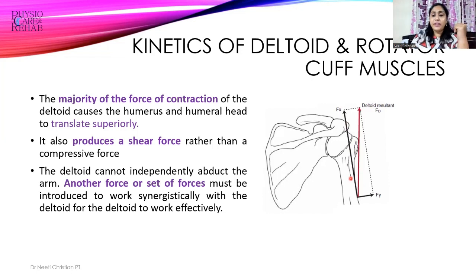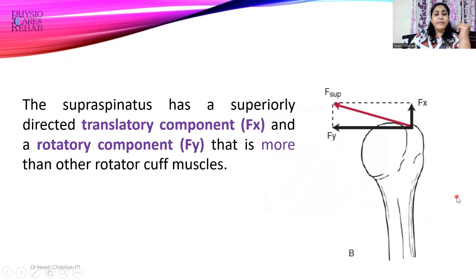Here we have a very important muscle, the supraspinatus. Let's see how its force of contraction works. This oblique line is the line of action of the supraspinatus muscle.